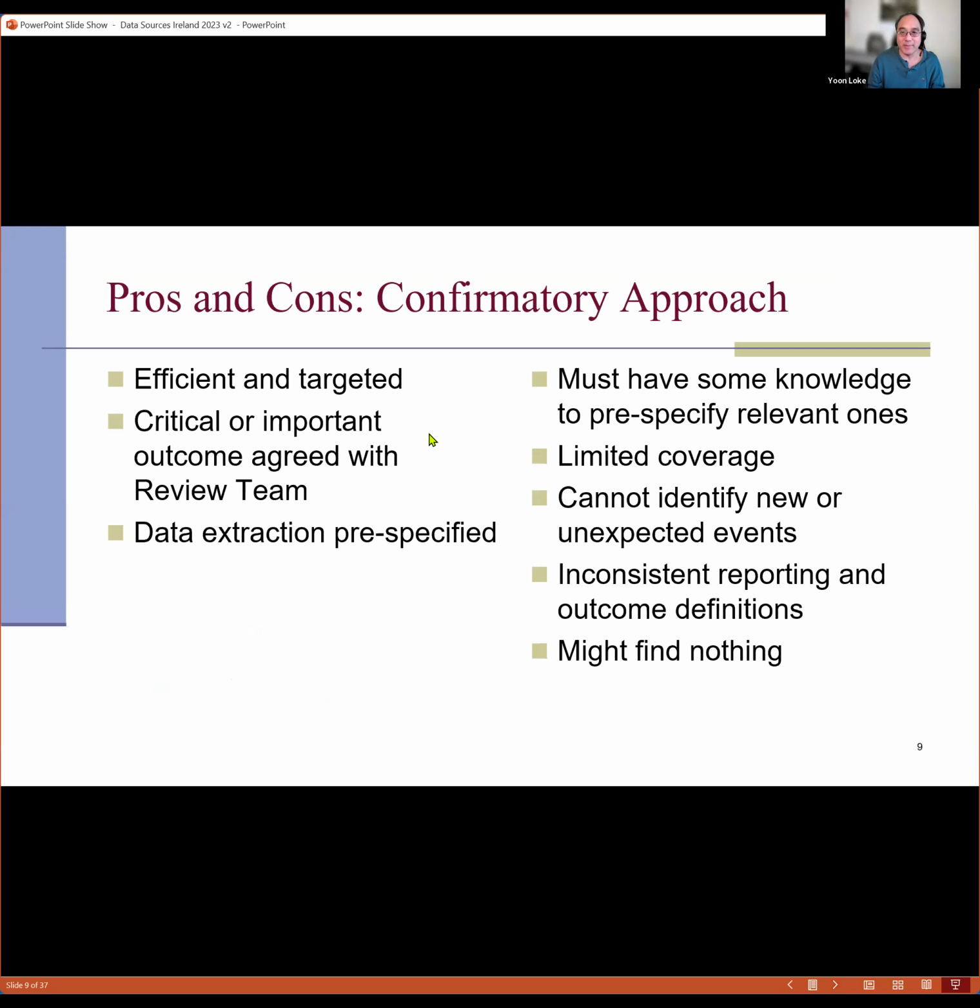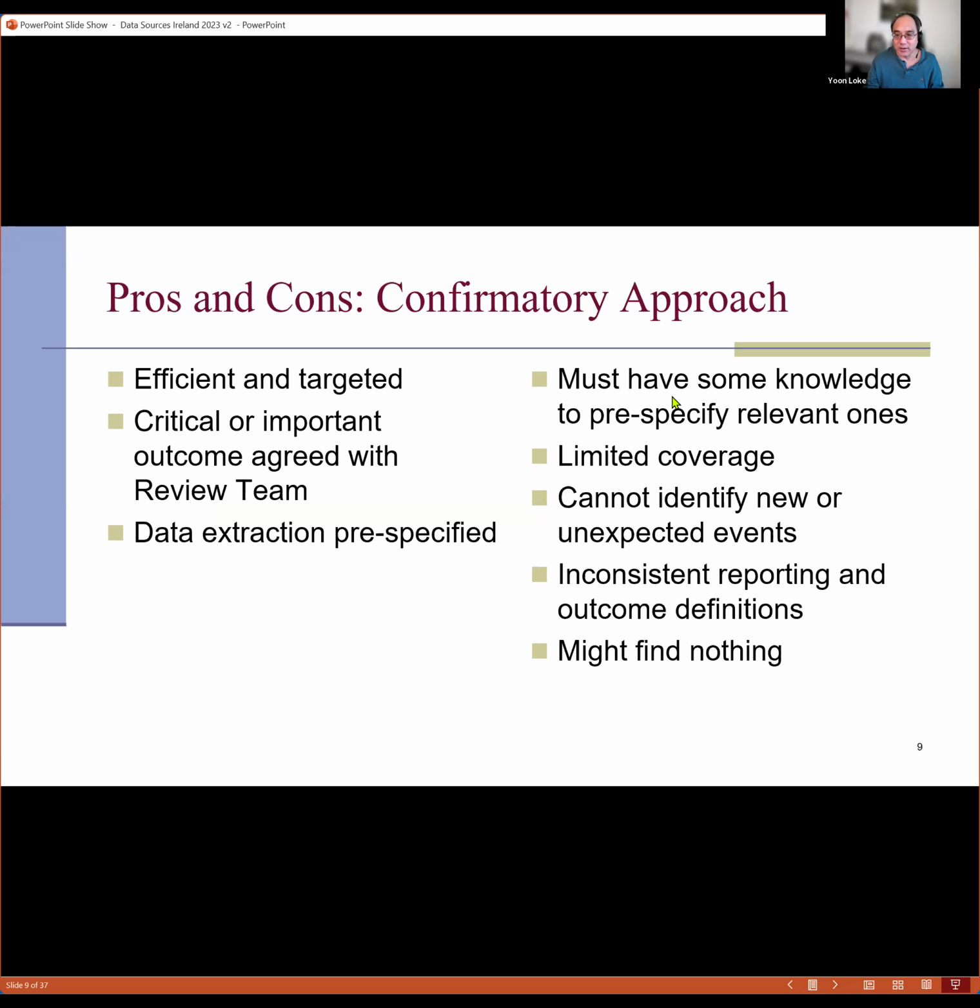So which one do I recommend? Well, the confirmatory approach, where you have pre-specified, let's say, two adverse events of interest, is efficient and targeted, and you could agree it beforehand with your review team, and you have set up your data extraction sheet to look at those events.